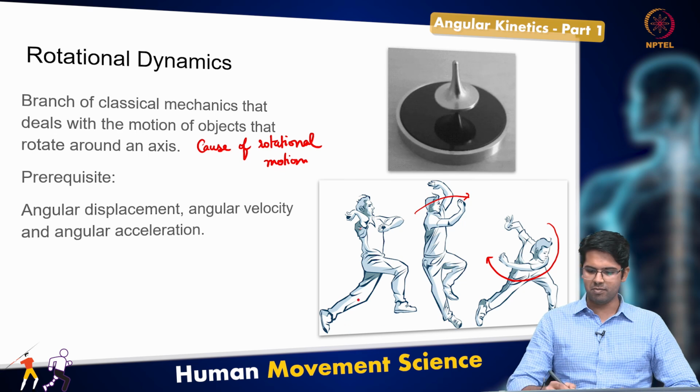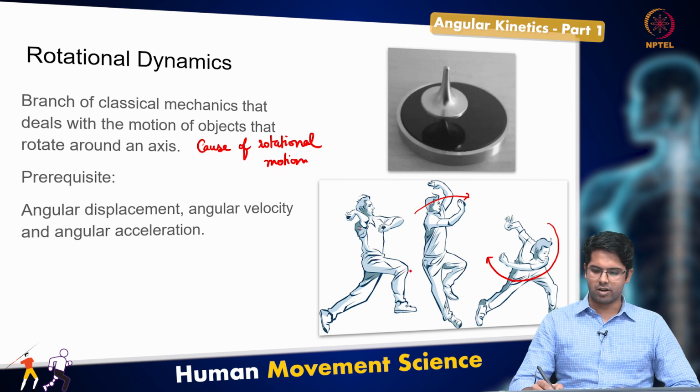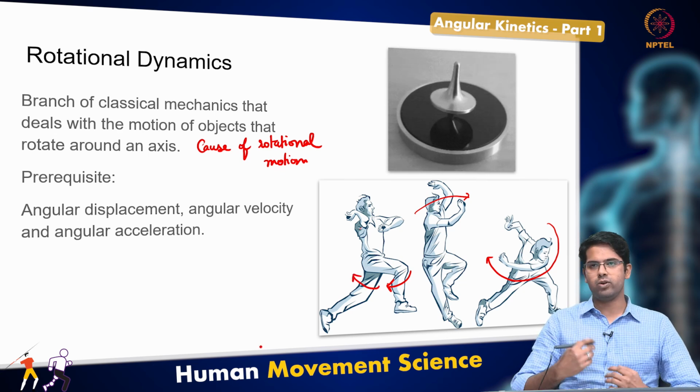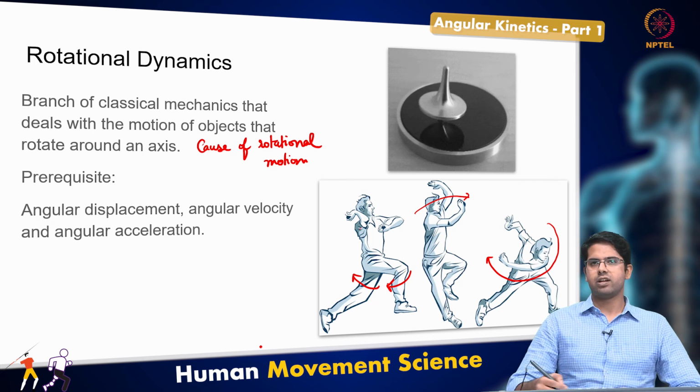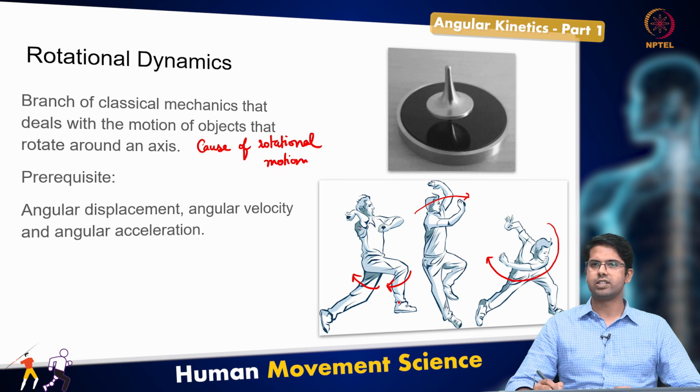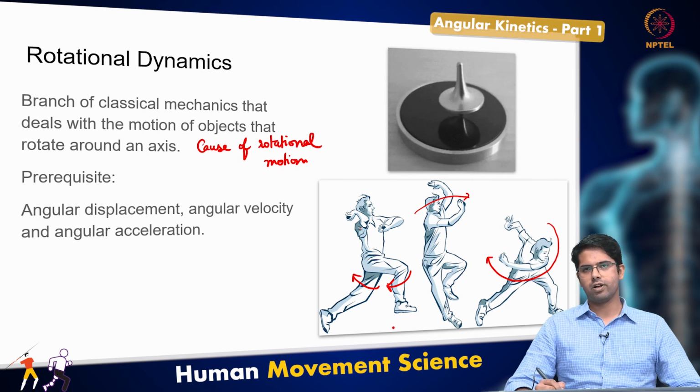All this time they were also running and rotating their legs about different joints, right? So we do need to understand the nature of forcing required to move these joint segments, and that is what we will focus on interpreting and understanding in rotational dynamics.